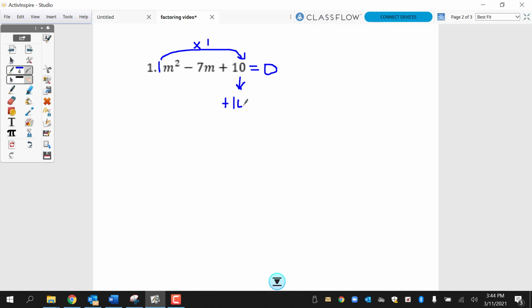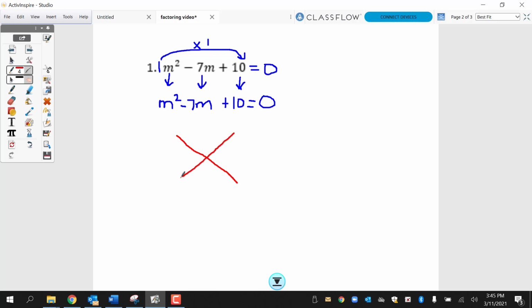That stayed the same. And now, this is just m. The 1 is not there anymore. M squared. Negative 7n does not change. Great. Equals 0.